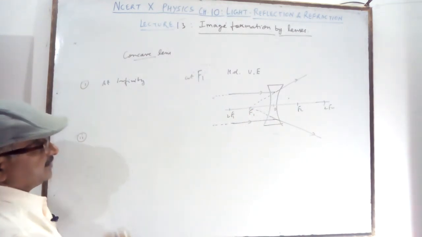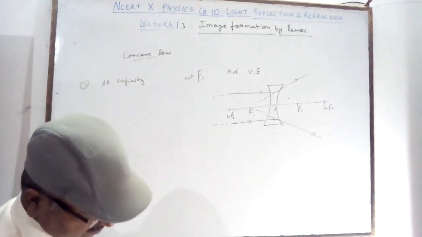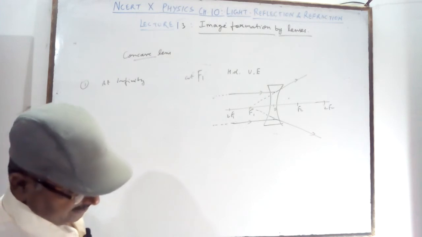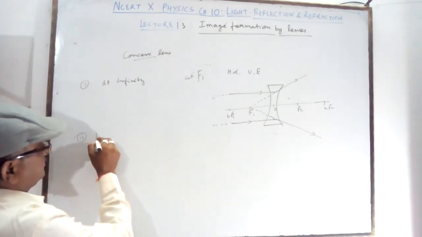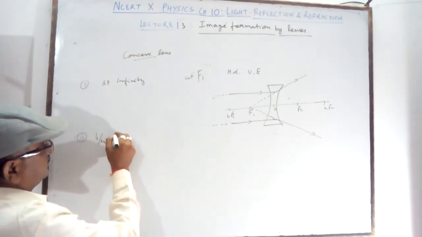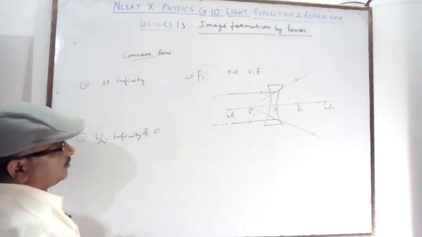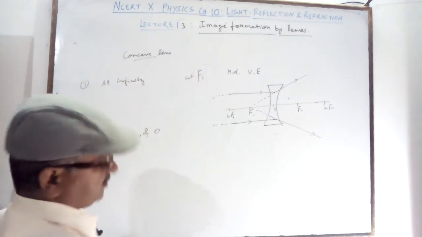Second case: what will you get? The object is between infinity and optical center. Then where is the image formed?